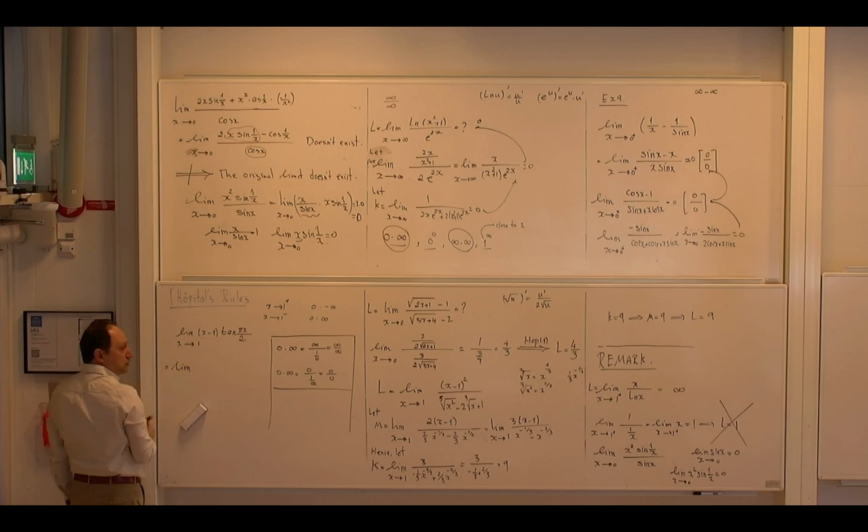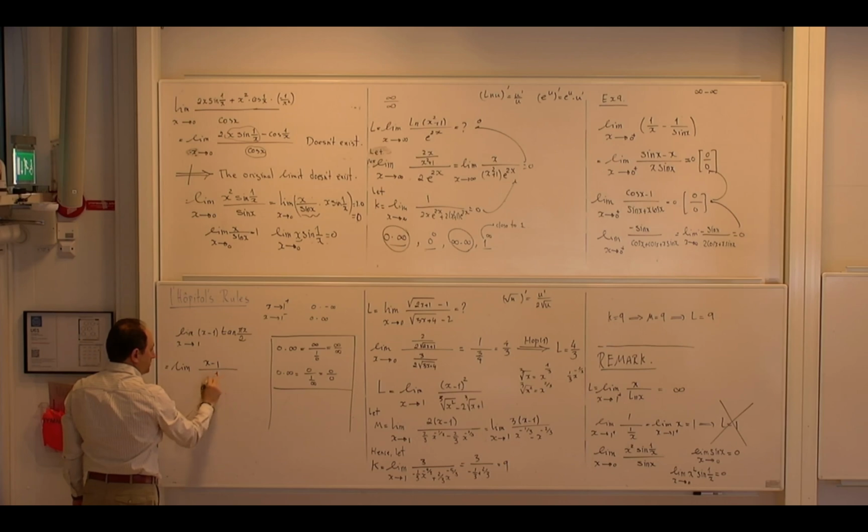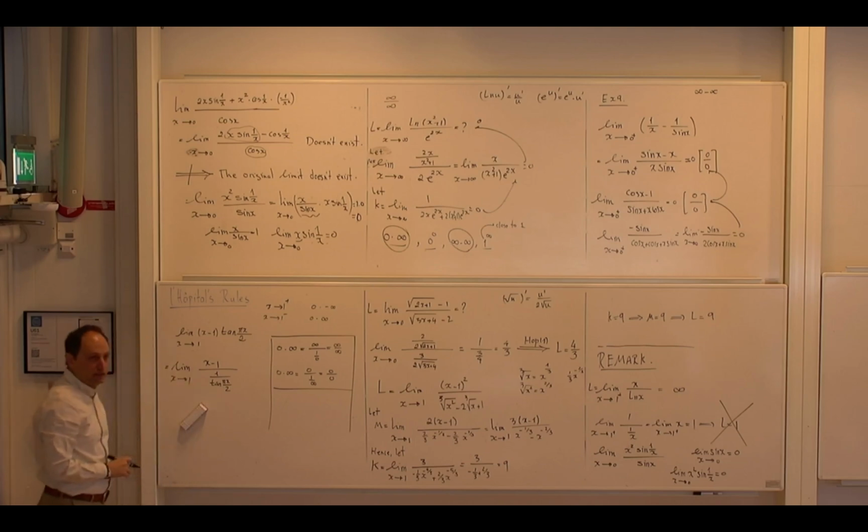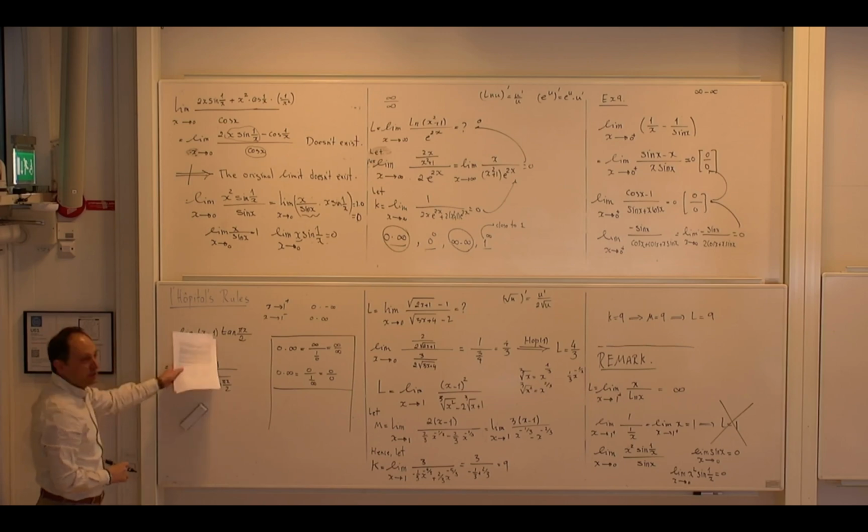Instead of x minus 1 times tangent, do you agree that algebraically I can write this? There is no doubt about it. And I am not in trouble, because when x is close to 1 but not equal to 1, this is a huge number, but that's a number. So that is completely valid here. This expression that I have written here is exactly that expression when x is close to 1 but not equal to 1.